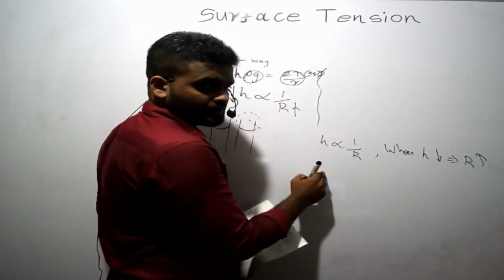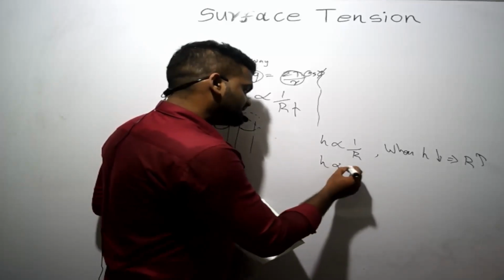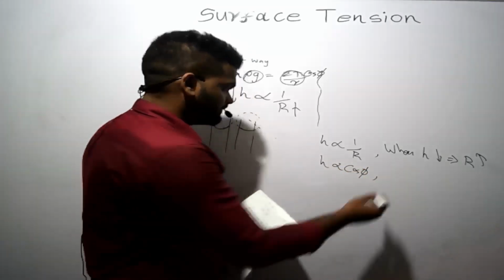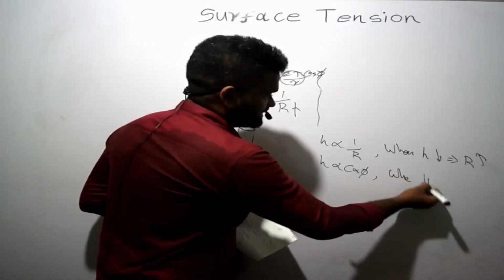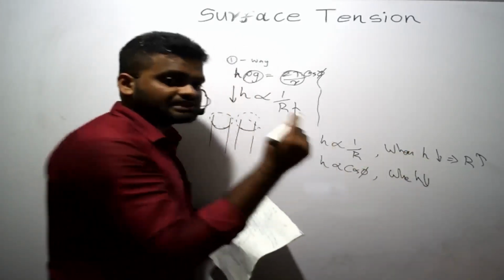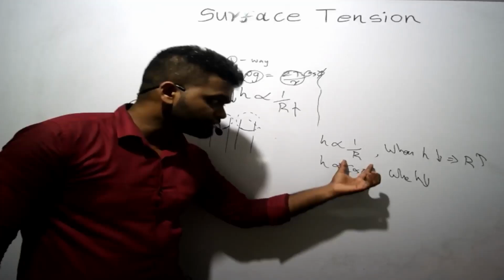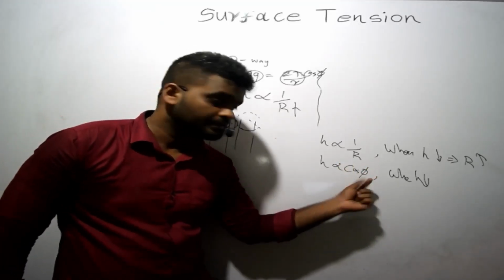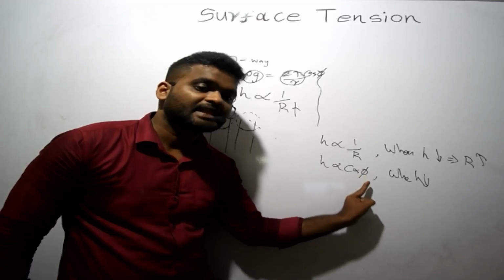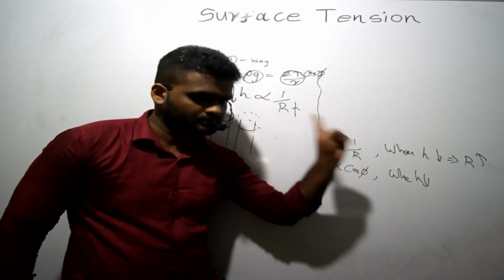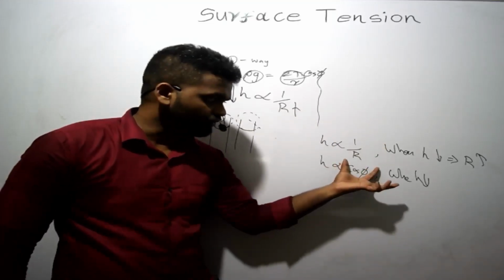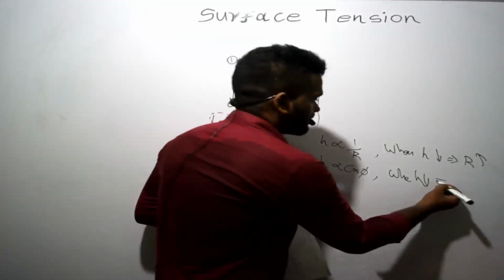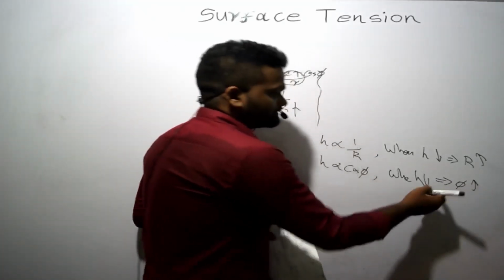Then below that, right, since h is proportional to cos phi, when h decreases, what happens? Cos phi decreases. But when cos phi decreases, what happens to the angle? Angle increases. Remember trigonometric ratios? When the cos value decreases, the angle increases. Contact angle increases. Take it down.